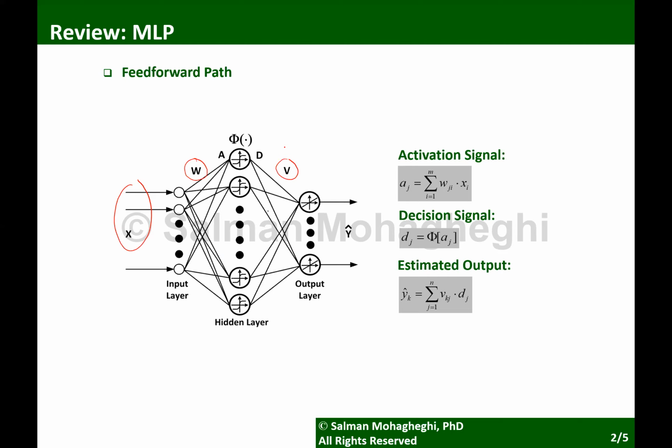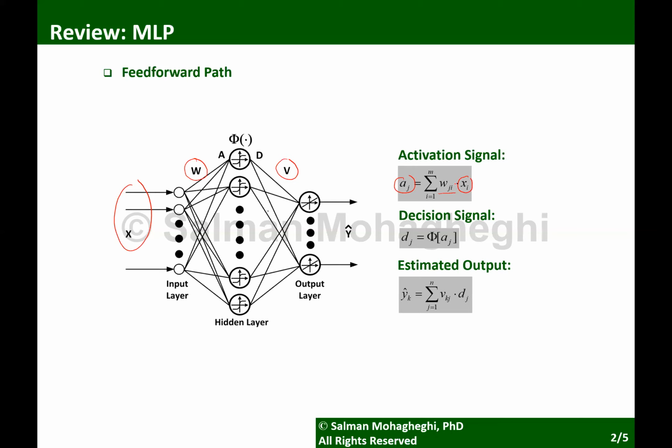To have a quick overview of the things we have already talked about, essentially we saw that the activation signal for every particular neuron in the hidden layer would be the summation of all the inputs. So imagine your input is m dimensional, has m different features. All those features are multiplied by the corresponding weight coefficients, wji, which connect input i to neuron j.